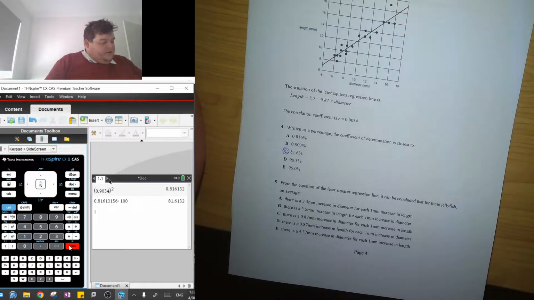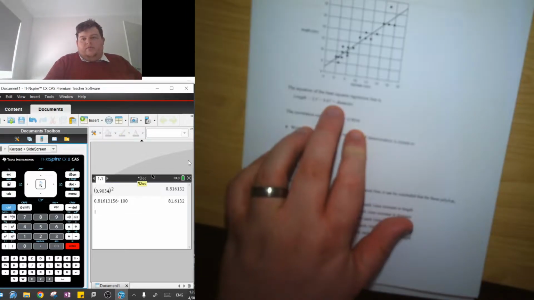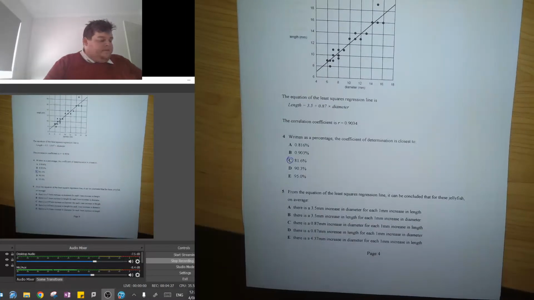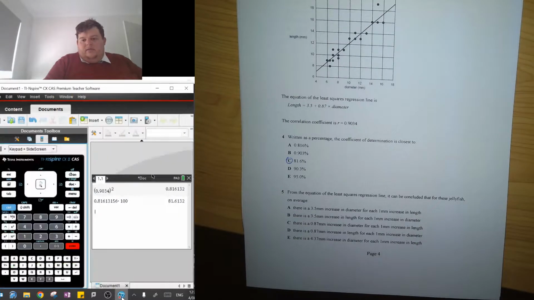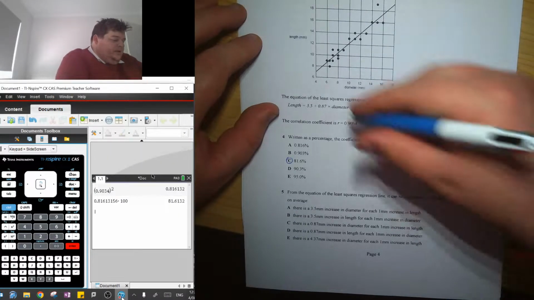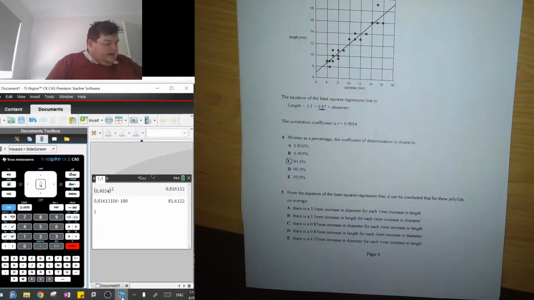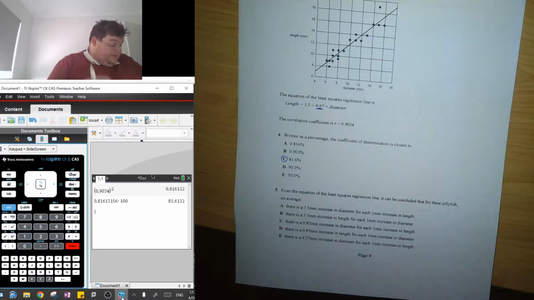From the least squares regression line, it can be concluded that for jellyfish on average, all right, so this is talking about interpreting the coefficient that goes alongside the variable there. So it's talking about interpreting this value here, right? There is a possibility that it's interpreting that one, but I think it's going to be interpreting this.